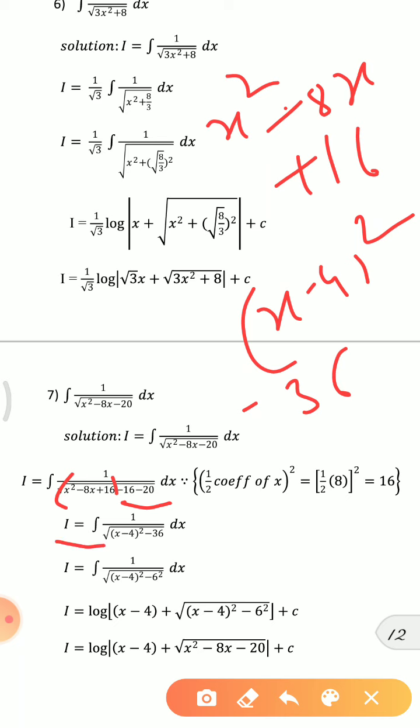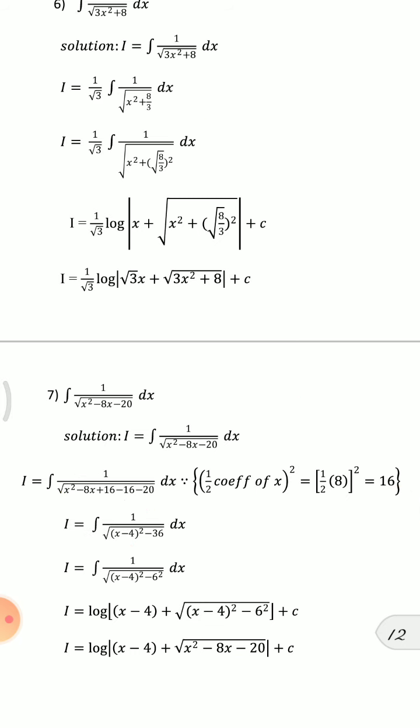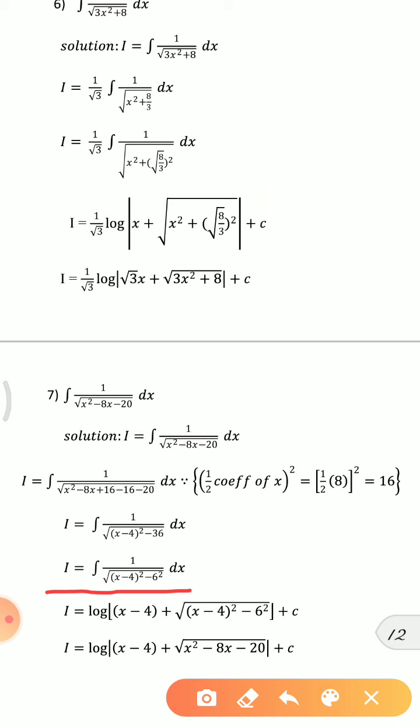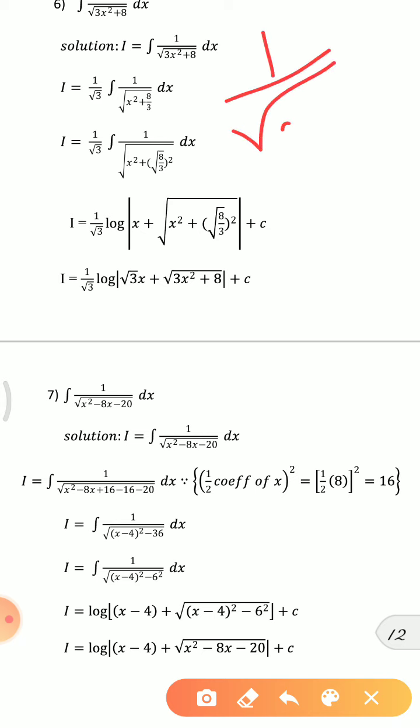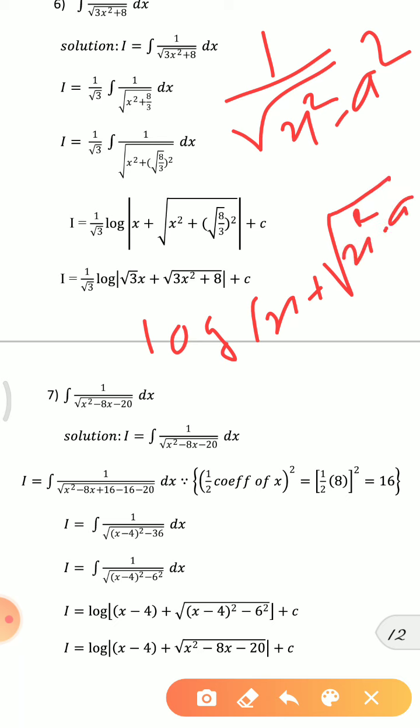That means the integration becomes 1 upon under root of (x minus 4) the whole square minus 36, and 36 means it is 6 square, that is I is equal to integration of 1 upon under root of (x minus 4) square minus 6 square dx, and this is your form of the integration 1 upon under root of x square minus a square, and your answer becomes log of x plus under root of x square minus a square plus c here.